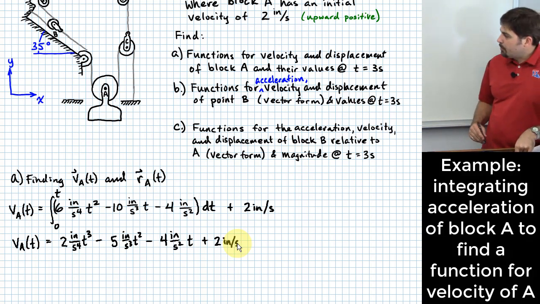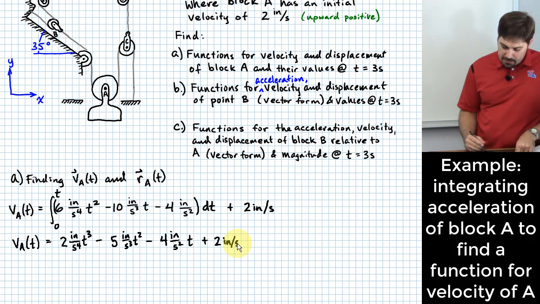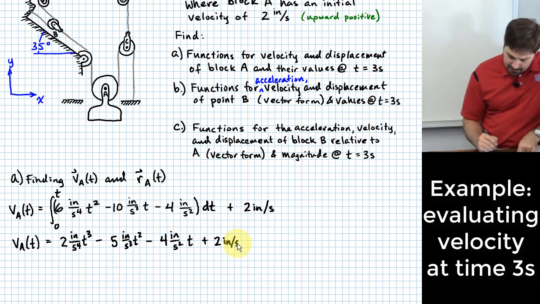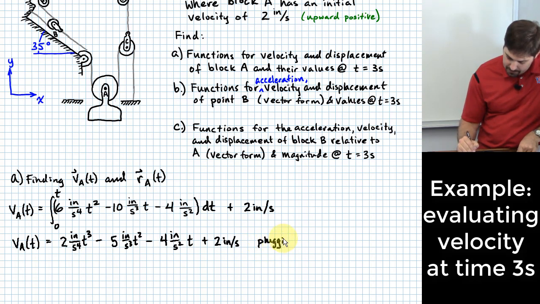When you want to know what this is at a particular time, all you have to do is plug in 3 for t. So I'll say plugging in t equal 3 seconds.